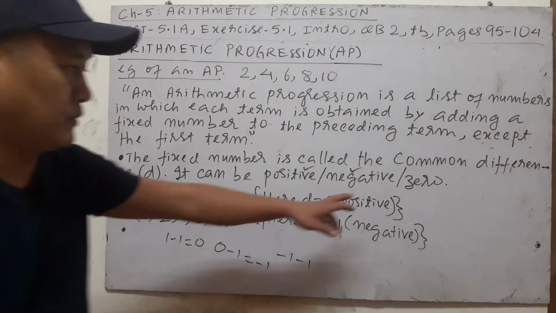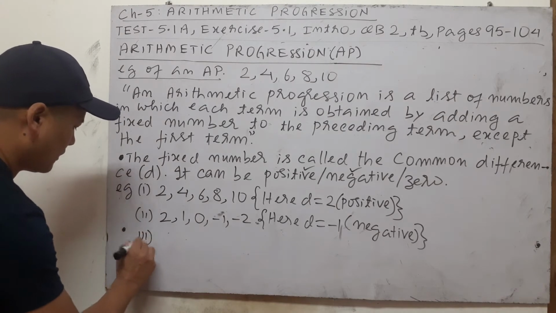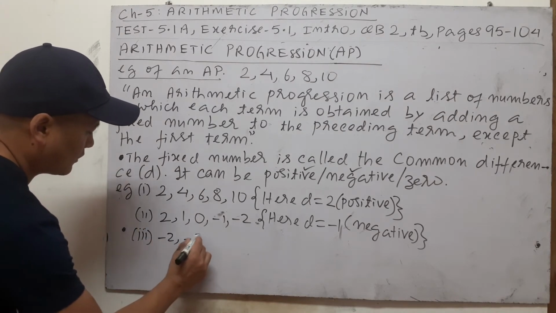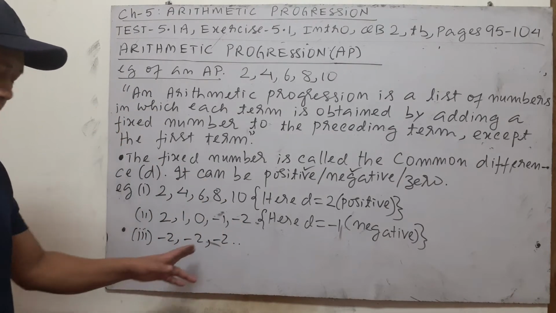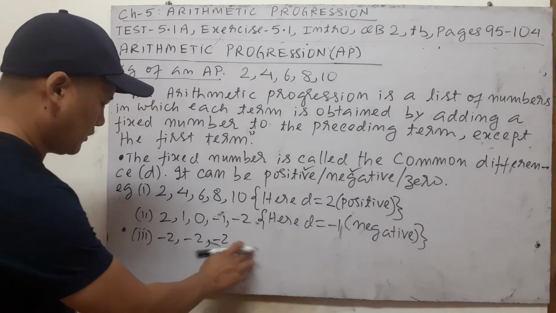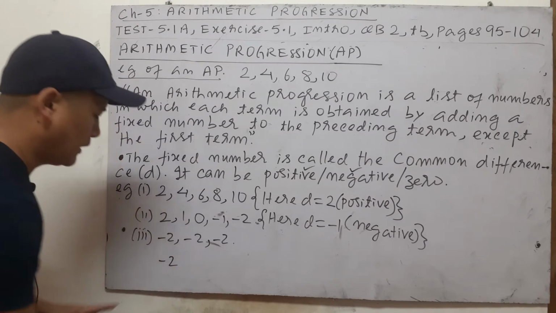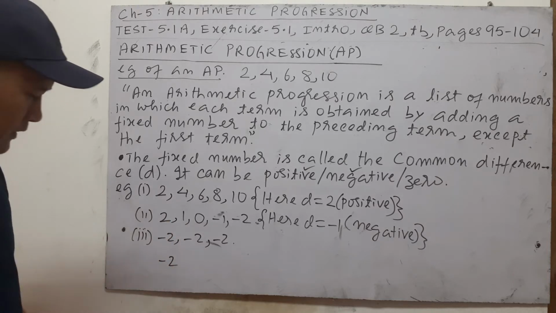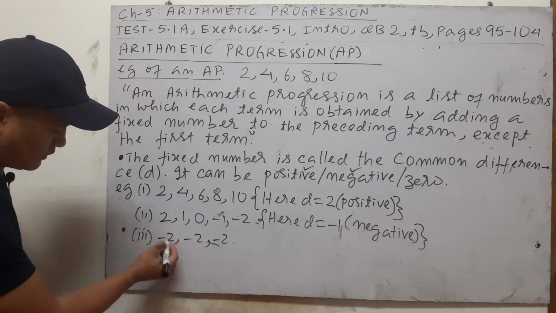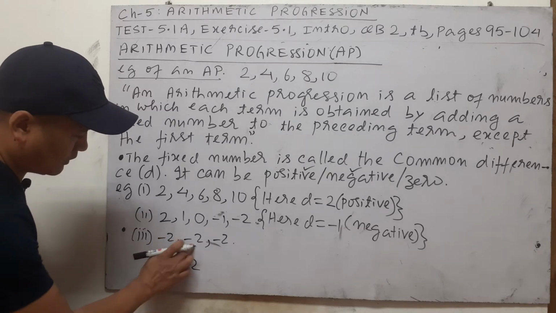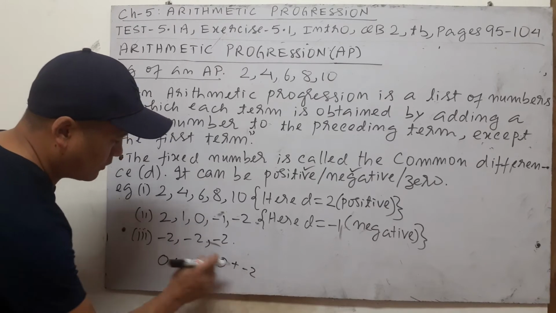How can the common difference be 0? Let me give you a sequence here. Let me write minus 2, minus 2, minus 2. This is definitely an AP. How? Because we get the next term by adding the fixed common difference, which is 0: minus 2 plus 0 is minus 2, again minus 2 plus 0 is minus 2.